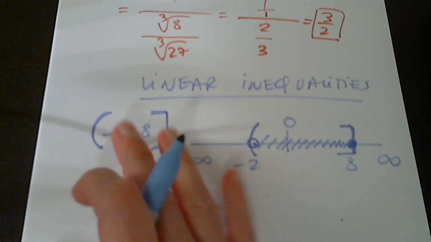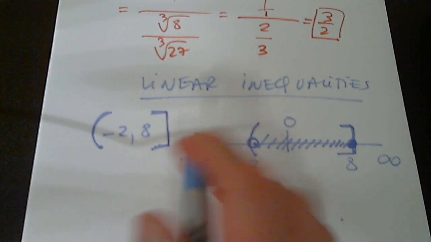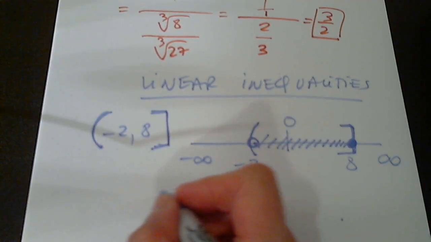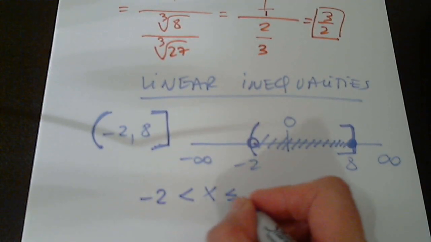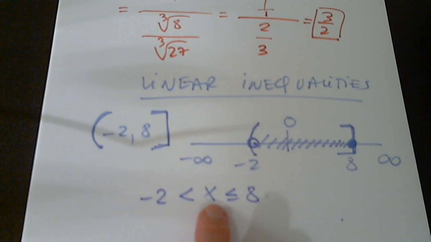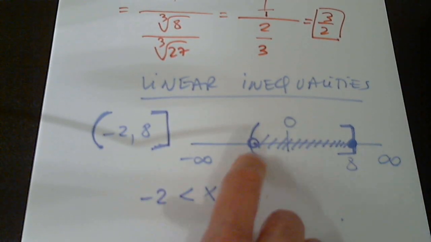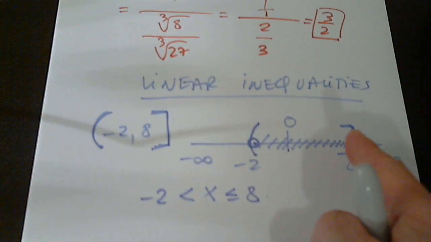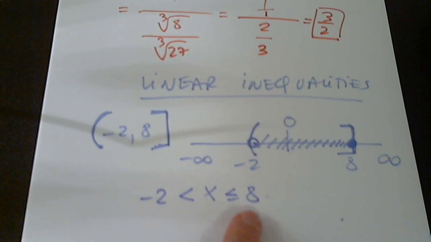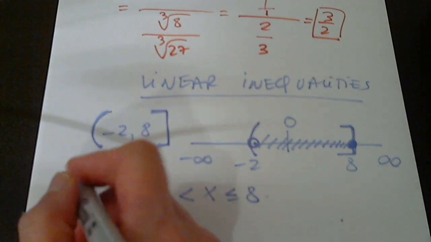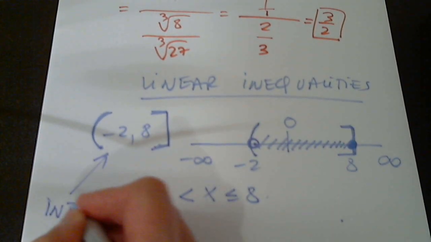In other words, how will I get an answer? Something like this, looking like from -2 to 8. X is a number greater than -2, but less than or equal to 8. So this is what we call interval notation.